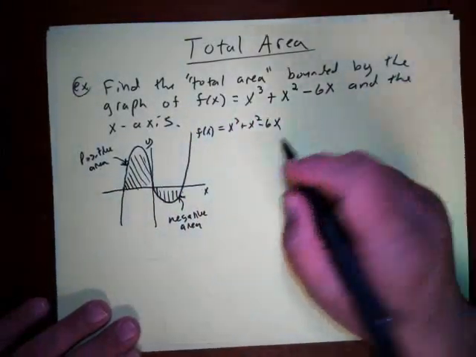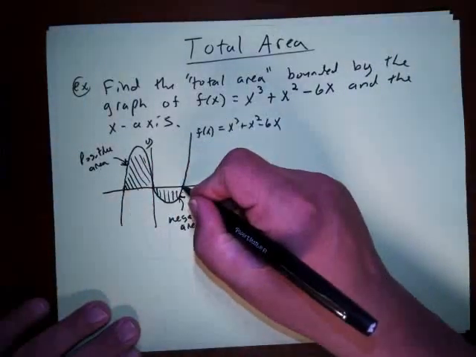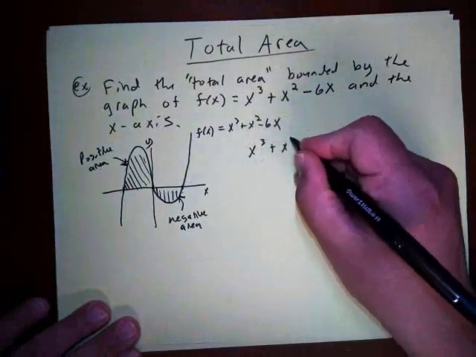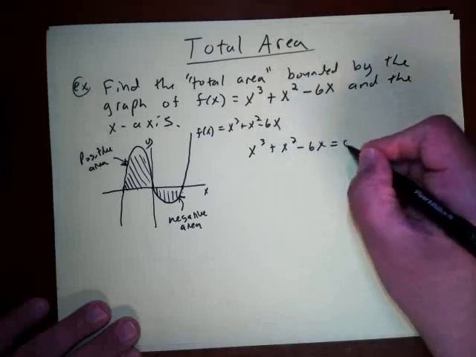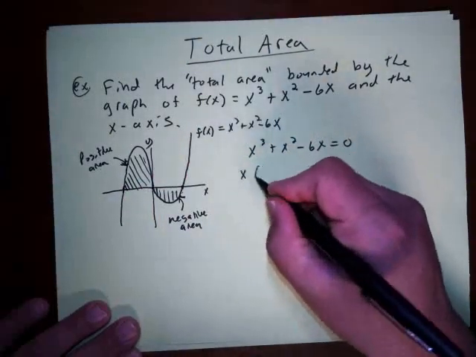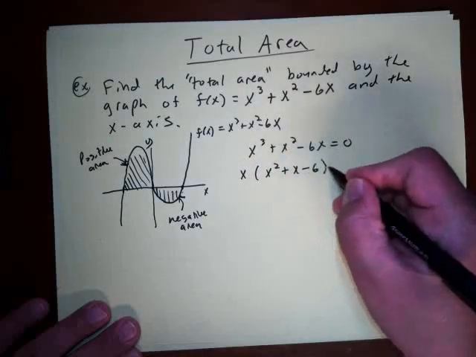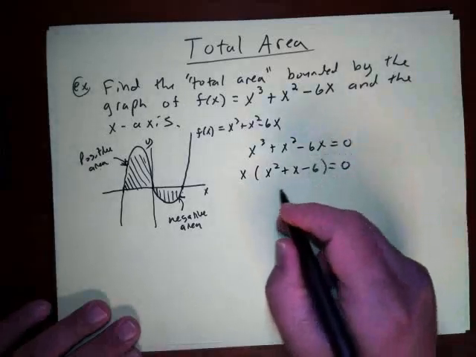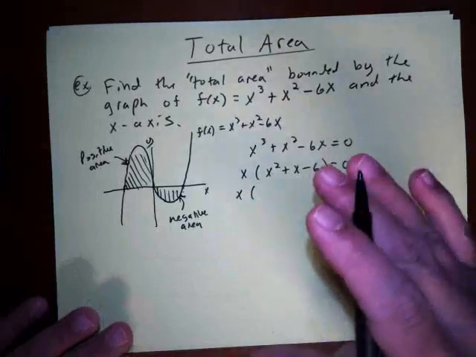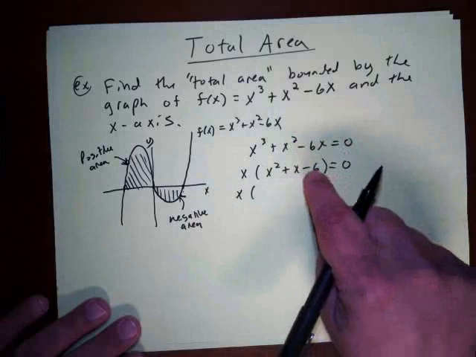And so what I need to do is I need to know what these points are. Now this is 0, so I need to know what these other points are. So I'm going to have to take this function and set it equal to 0 to find out where it crosses the axis. I can pull out the x, and then I'm left with x squared plus x minus 6 equals 0. And I think this one factors nicely, because 6 can be divided into 2 and 3, and this is a negative 6.